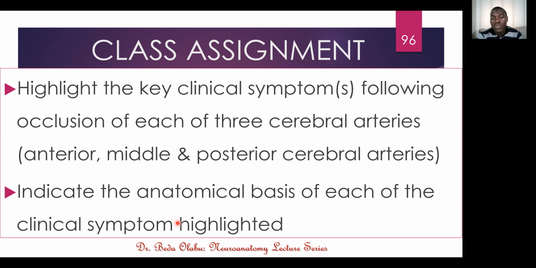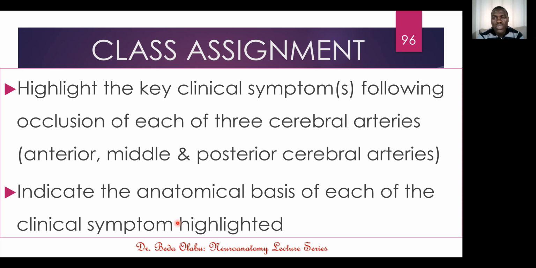So this person will not be able to talk, the first question I gave you. So the reason why someone gets Broca's aphasia, or becomes motor aphasic, they cannot talk, is because you've injured the Broca's area. So that becomes the anatomical basis. Why would someone not be able to talk if you block the middle cerebral artery? The reason is because you've injured the Broca's area.